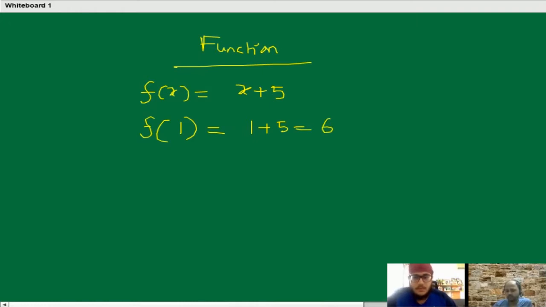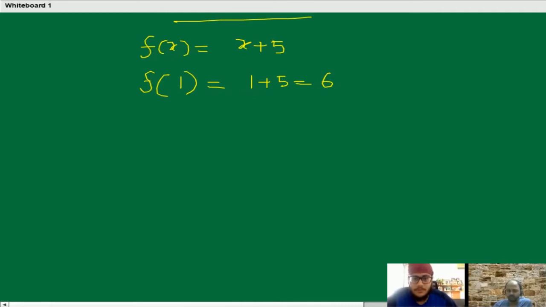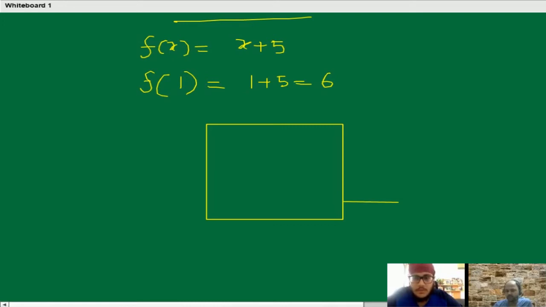Now let's come to the function. At first we don't have much concept of functions, so if we try to visualize it, a function is like a water tank. In the water tank there are two pipes. One is the inlet through which water comes inside, and the other is the outlet through which it goes outside.